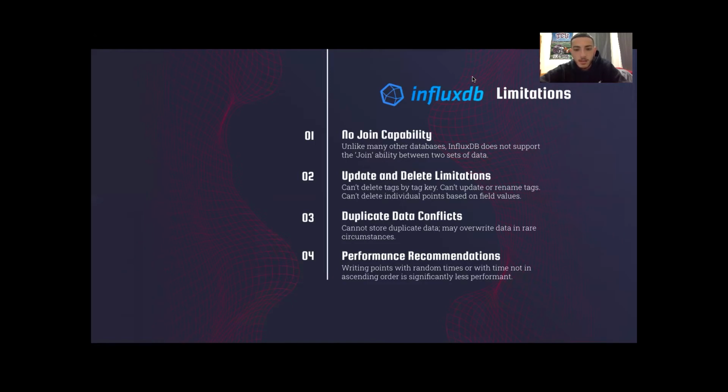The next limitation is the duplicate data conflicts. In InfluxDB, the database is created in a way that if the same data is input twice, the system just recognizes it as the user trying to input the same data, and so it never creates a new instance of the data.